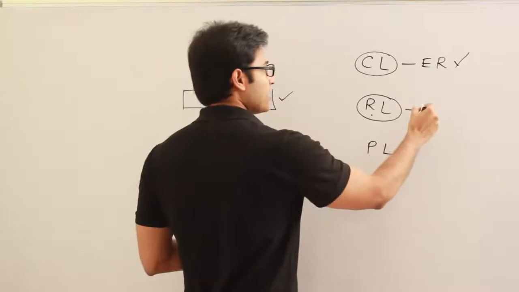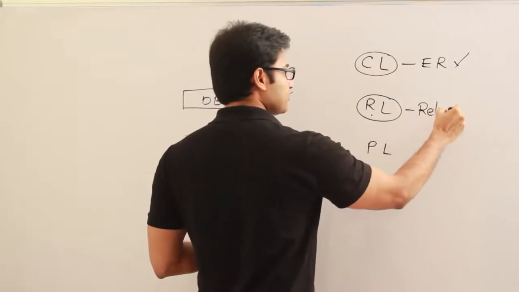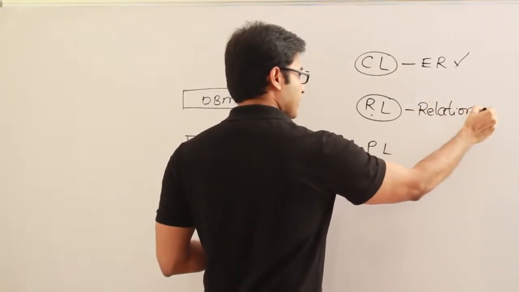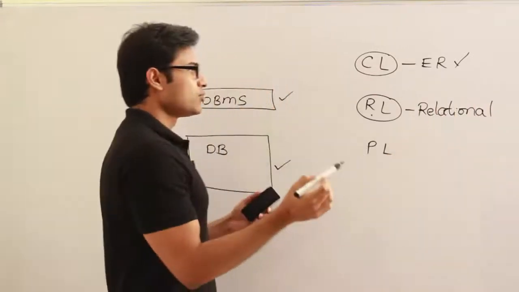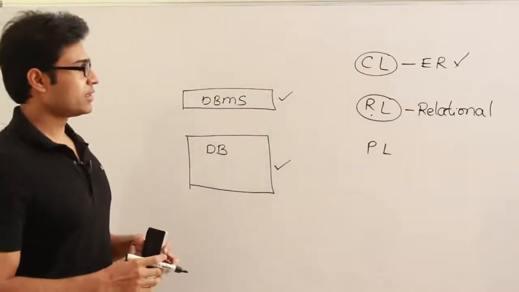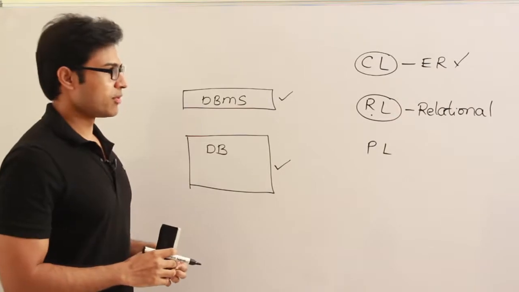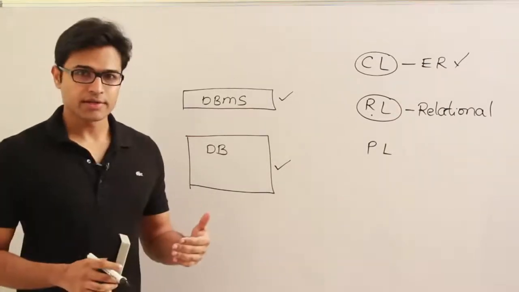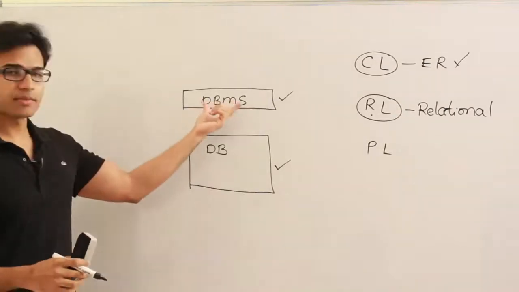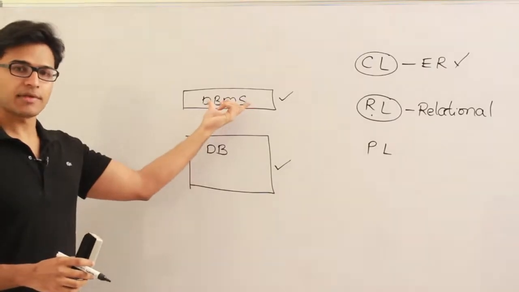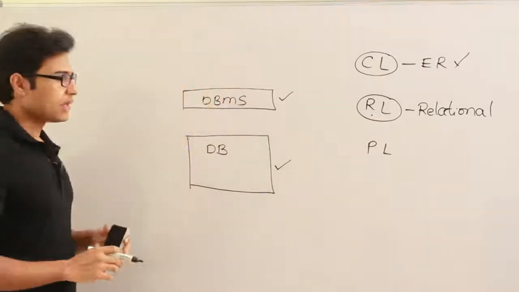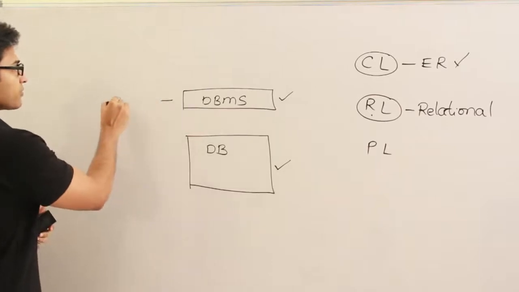Okay, relational model, it is the most popular database model used. The reason why it is becoming more and more popular is because more and more vendors are providing this database management system, the software itself. Initially it started with IBM.